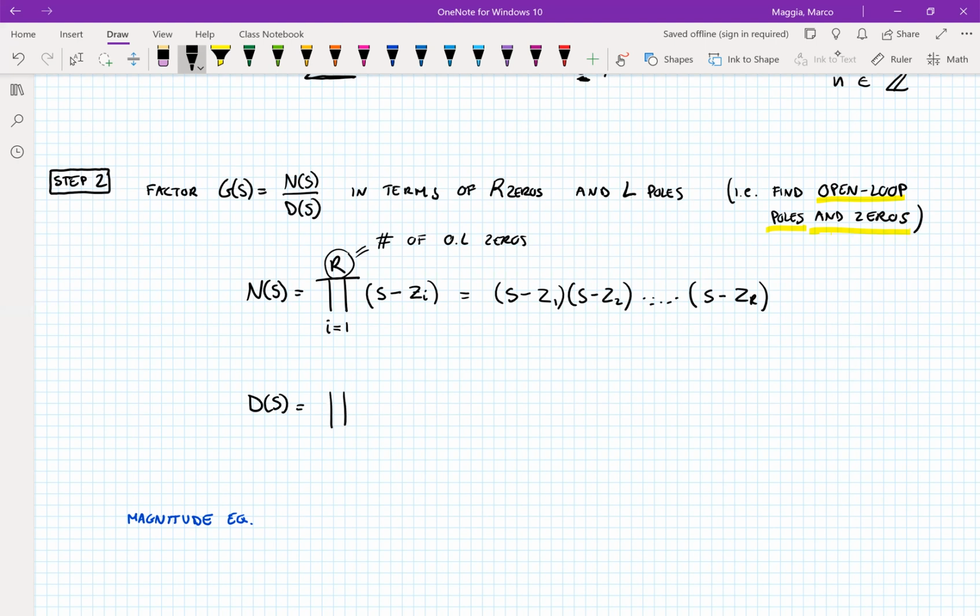Same thing with the denominator. You want to factorize it using the poles. So here we use J equals 1 all the way to L, where L is the number this time of the open loop poles, of S minus Pj. So this is also S minus P1 times S minus P2 times S minus PL.